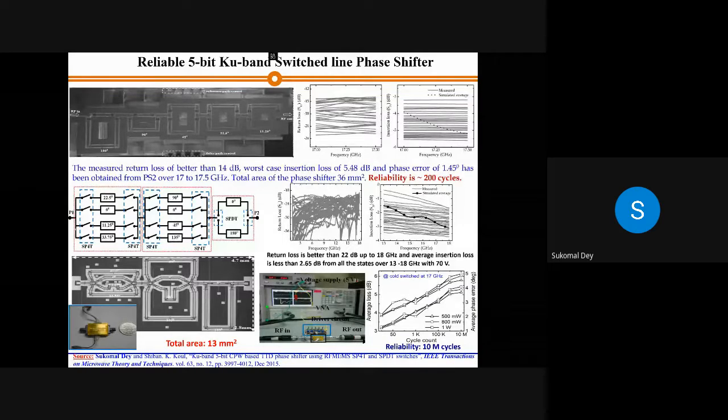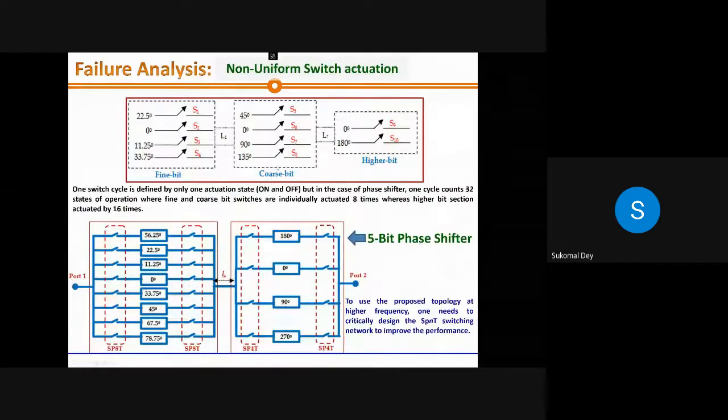So in the fine bit, the coarse bit and then the higher bit, we saw that during the operation of the 32 states, some of the switches operate multiple times. During the 32 operations, one single switch is actuated 8 times. Although the switches are not operating 32 times, rather 8 times.